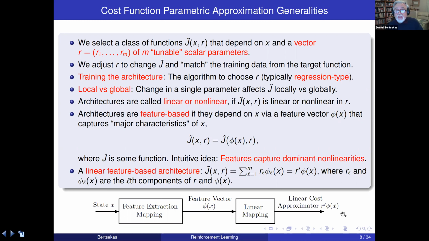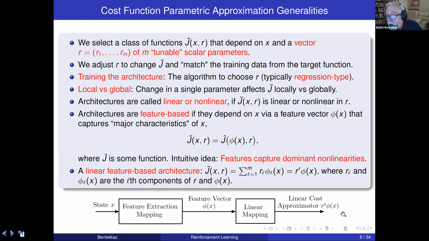So we're going to give now some examples of approximation architectures. Are there any questions? I have a question. So R here is some weight we need to decide. We don't know what R is, right? The value of R is some unknown weight, right? Yes, that's the object of training.